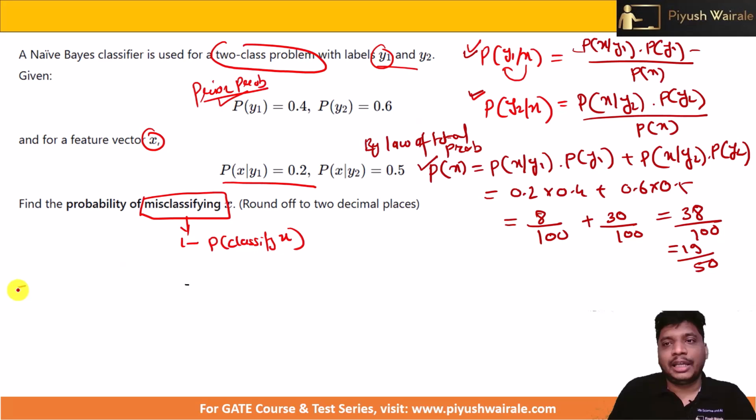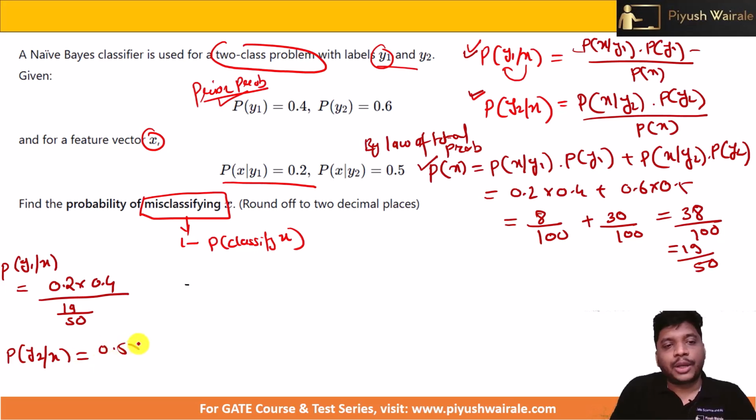If you look here, first we'll find probability of y1 given x. That is basically 0.2 into 0.4 divided by 19 by 50. Similarly, probability of y2 given x is basically 0.5 into 0.6 divided by 19 by 50. So you can do the calculation.